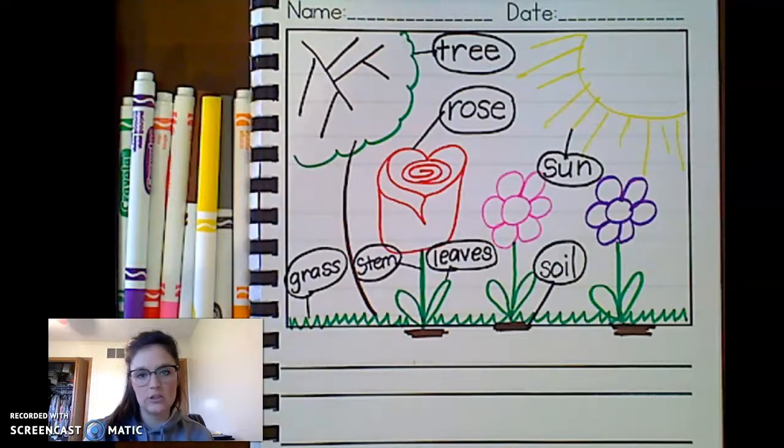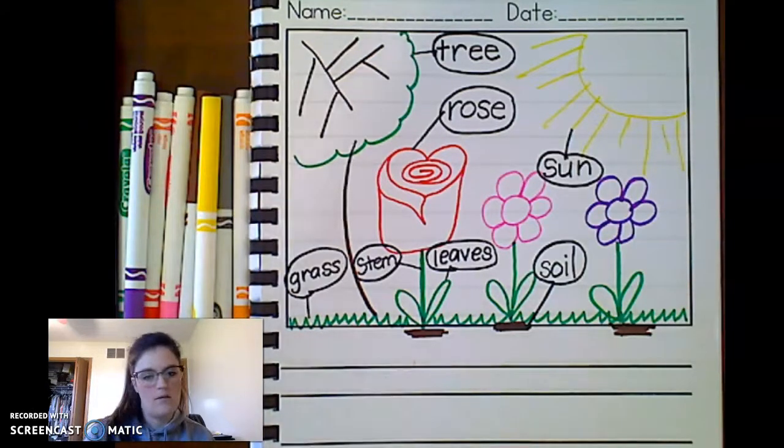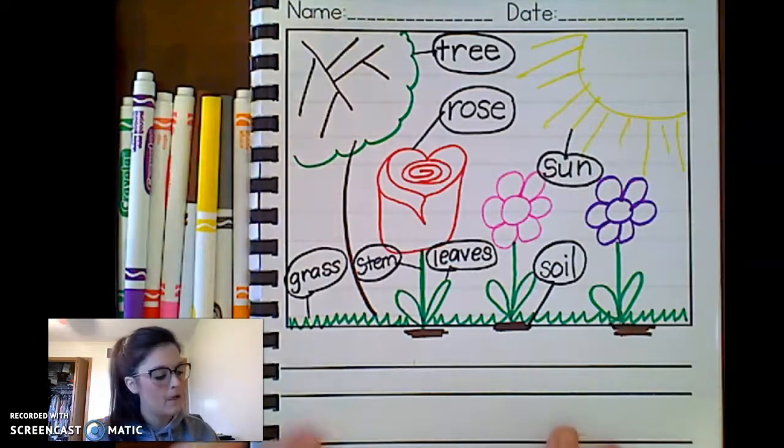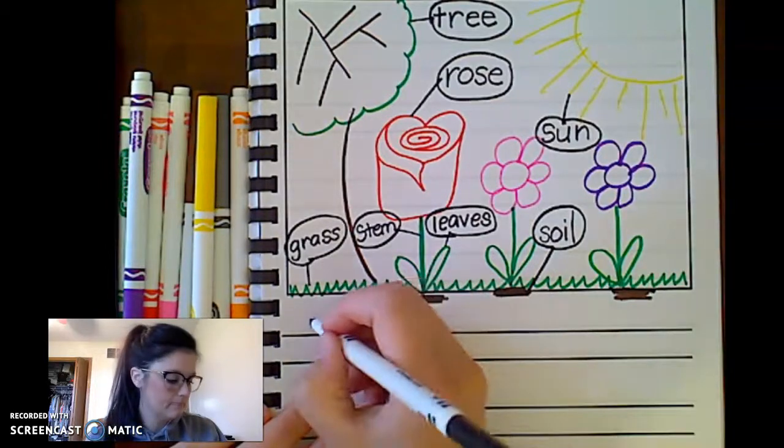Parents, I'm going to actually also show you how to use these double lines because I saw that last week some of us were a little confused, which is okay, but I'm going to show you how to write using these, okay? All right, I'm going to write a very simple sentence, okay?